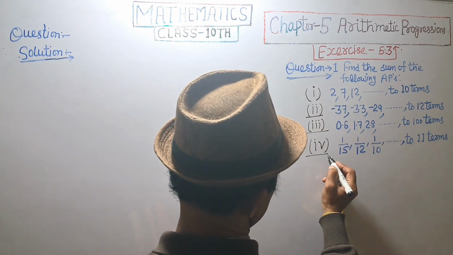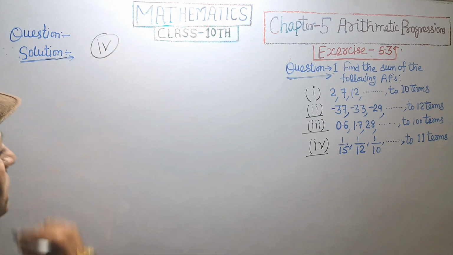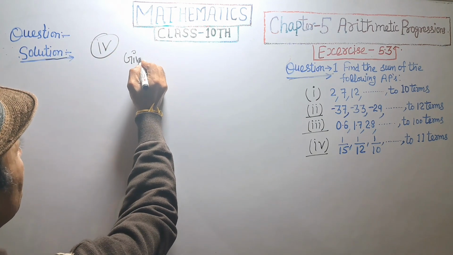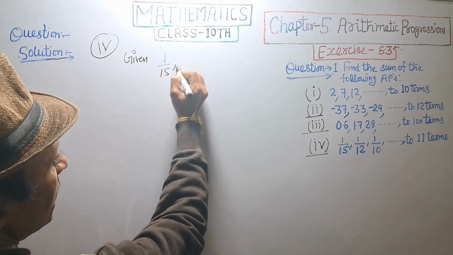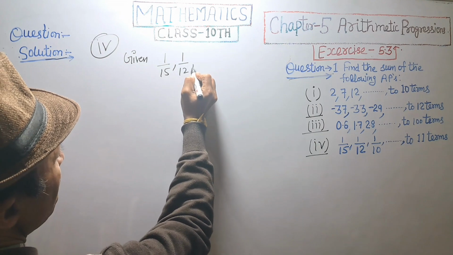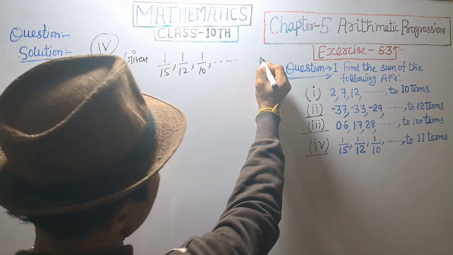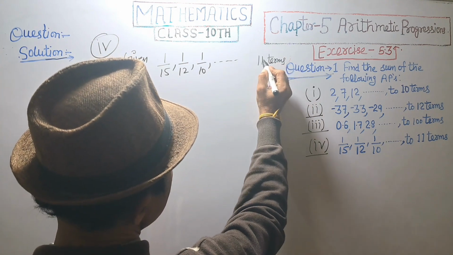Question first, fourth part. Given AP 1/15, 1/12, 1/10 and 11 terms.